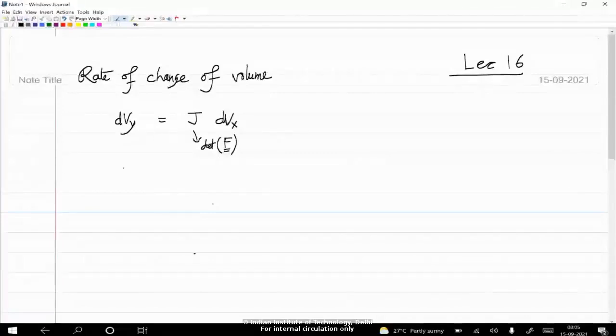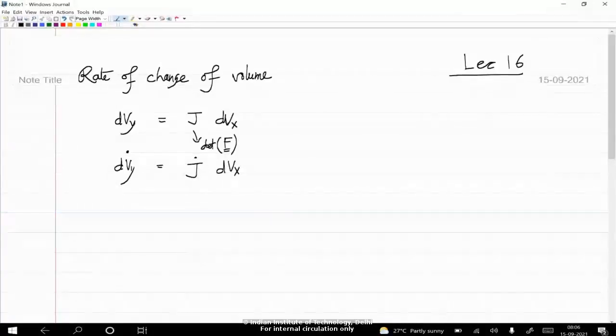So obviously, then we have to take the time derivative here. And remember, we are doing the material time derivative. So dvy dot is then J dot times dvx, and you don't take the derivative of dvx because that's a constant. Now, what is J dot going to be?